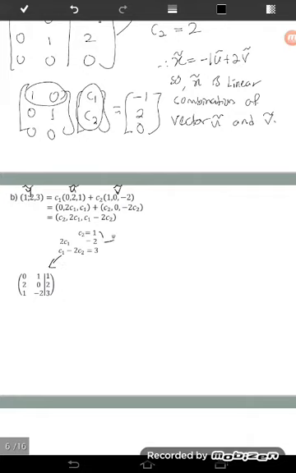Okay, so sebelum transform, kalau tak nampak, kita ambil 0, 1, 2, 0, 1, negative 2 times with C1, C2 is equal to 1, 2, 3. And then take the augmented matrix.